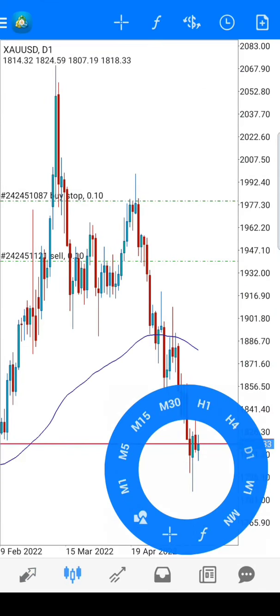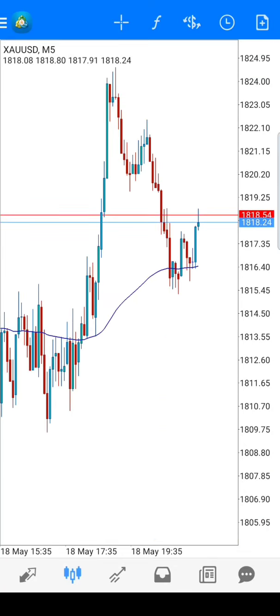Another key point I think is worth explaining is the red and blue line there on the screen. If you look on the screen, you can notice a red line with one price to the right of the screen and a blue line directly below it with another price. This is simply the spread, and spread is calculated based on your broker and the currency pair that you're trying to trade.